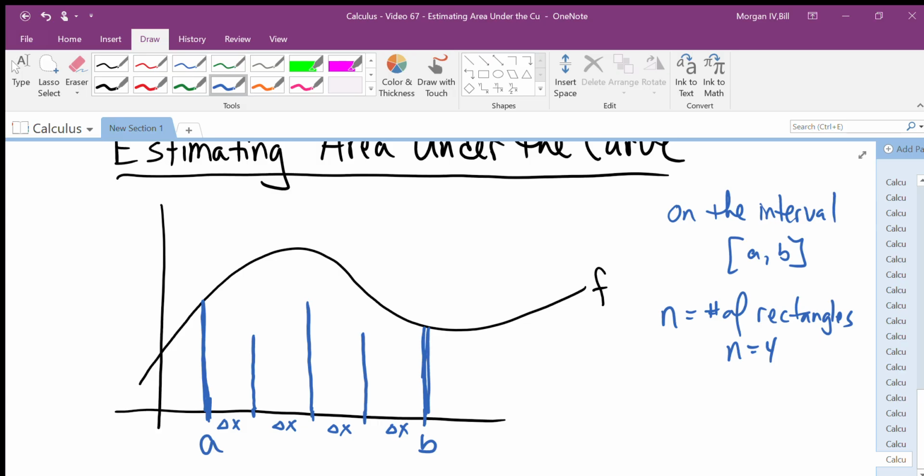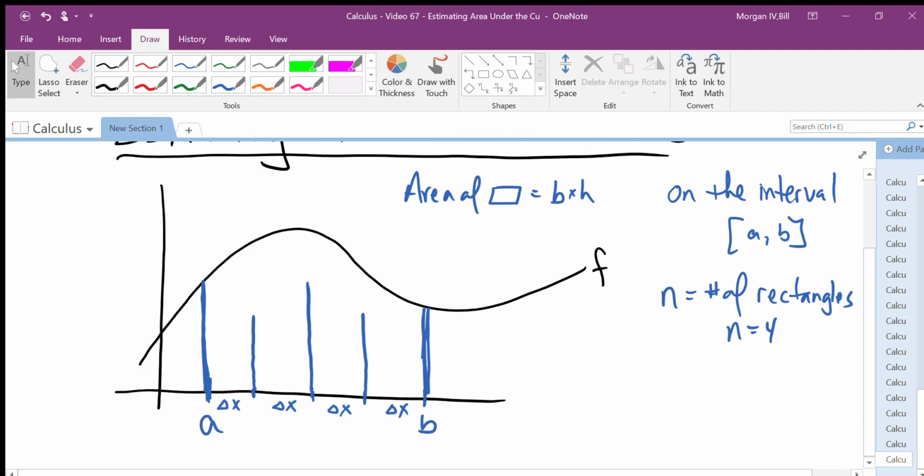Okay. The height of the rectangle: remember, area of a rectangle is equal to base times height. So the base will be delta x. The height will depend on the method that we use. And right now we have 3 methods. There are more than this, but we'll talk about 3 methods for which height. You could do the left hand.